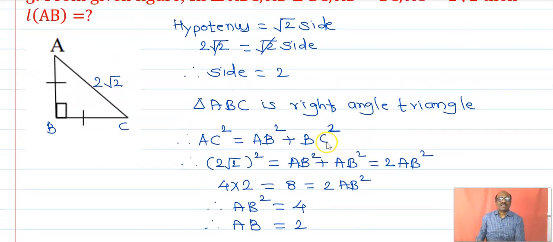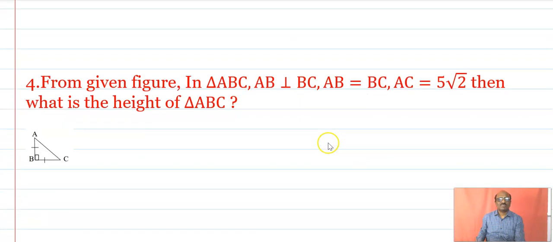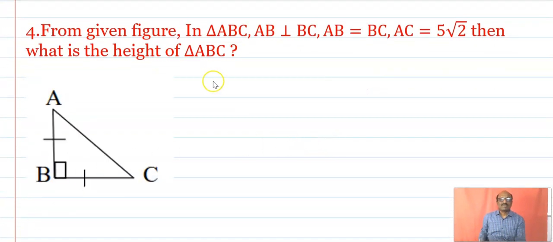Now we will take the next question. From the given figure, in triangle ABC, AB is again perpendicular to BC, AB and BC both are equal, and AC is equal to 5 root 2.